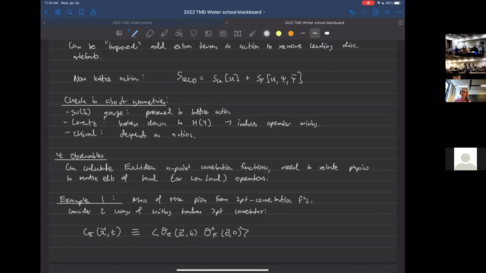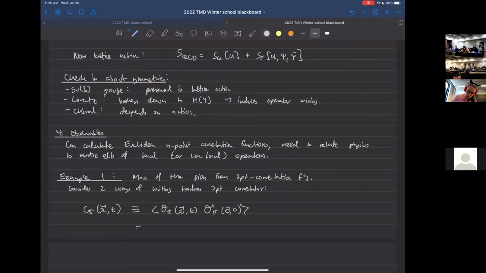So in this case, it would be some operator that you construct that has the same quantum numbers as the pion. So let's write this in 2 different ways. We spent more time talking about the path integral, but let's also write this just in terms of a transfer matrix or a trace in our Hilbert space. So hopefully this will be a familiar sort of expression.